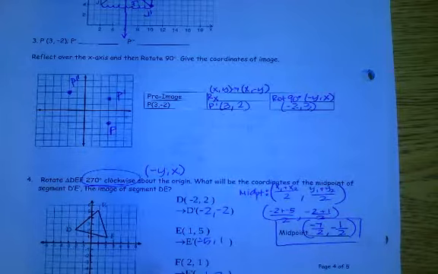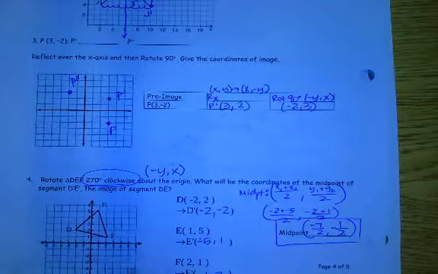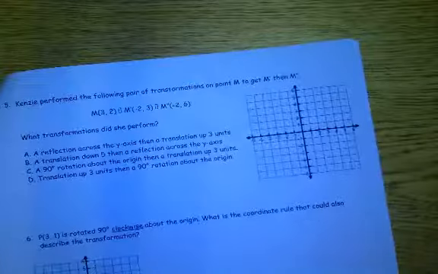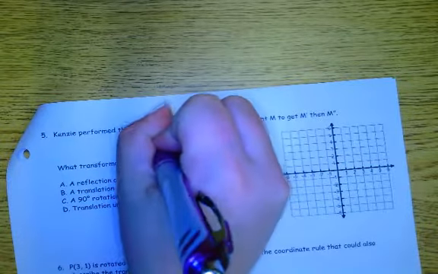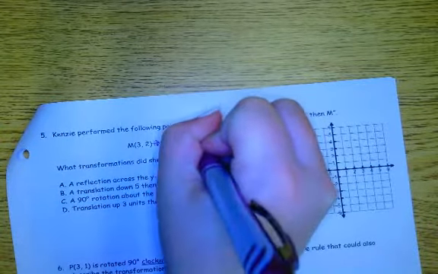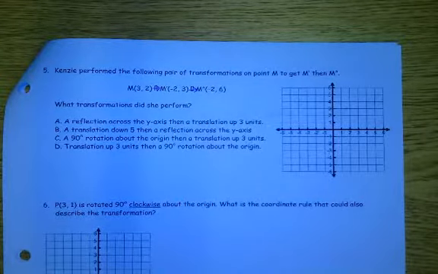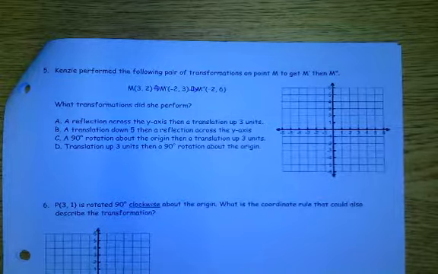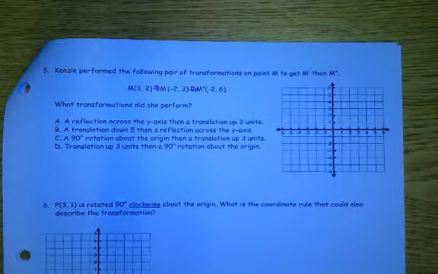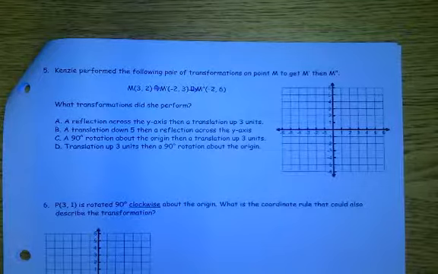Are you good? Okay. These were supposed to be little yield signs, the little arrows, and these little rectangles. Okay. Kinsey performed the following pair of transformations on point M to get M prime and then M double prime. Okay, so which transformations did she perform? So when you're looking at (3, 2), this is your x and your y.